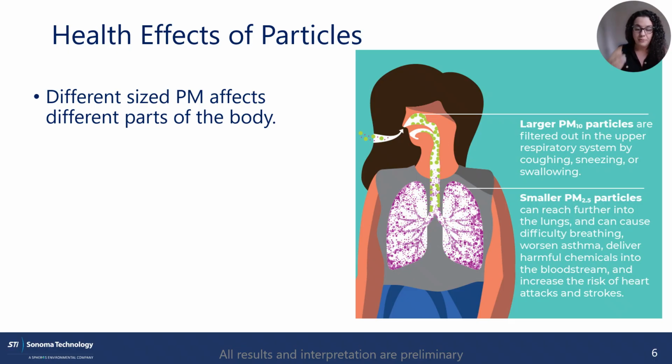They can bring harmful chemicals into the body as well. And they can increase the chances of things like heart attacks or other cardiac or heart problems. So it's really important for us to understand how many of these particles are in the air that we're breathing, how that might affect us, and how we can protect ourselves if there are high concentrations of these in the air.